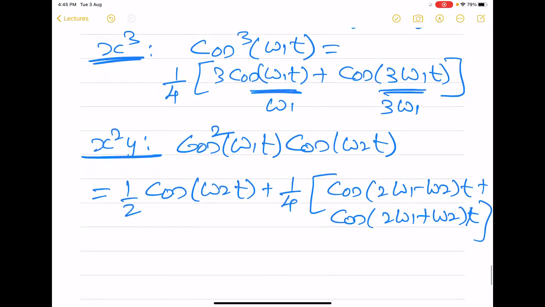So this is what we will get from the mixed term.